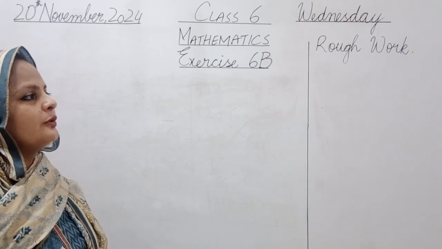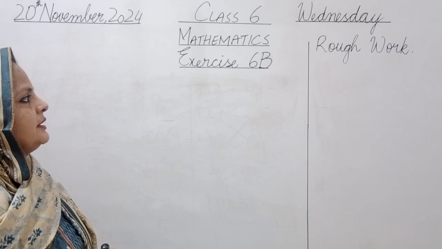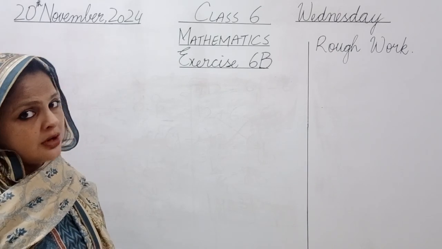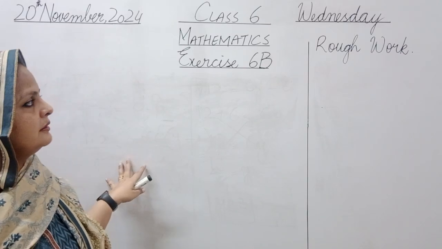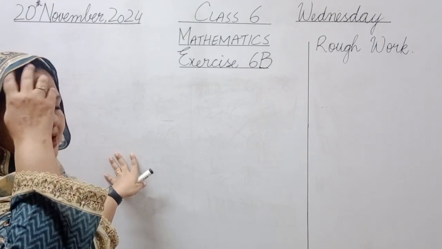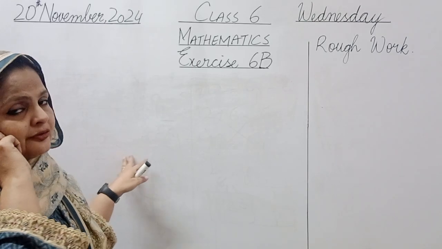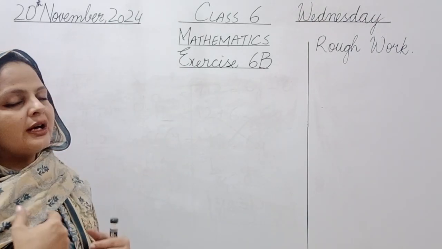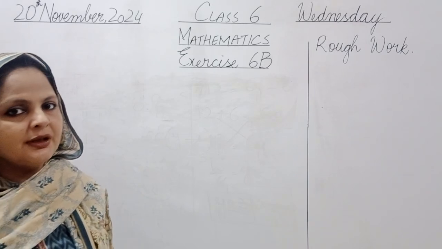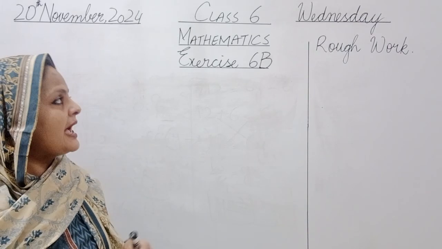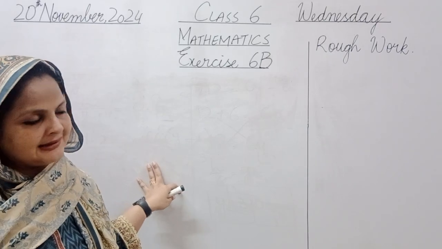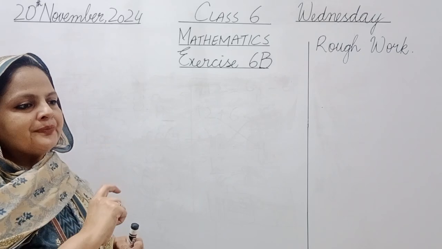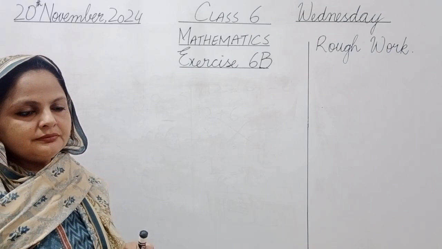I want to know whether you have got the correct, clear concept, strong understanding of question number 1 which we solved yesterday, or not. But for your convenience, I would like to solve one more relevant example before progressing towards the actual question number 2 of exercise 6B. It is very important to clarify the concepts there and then.